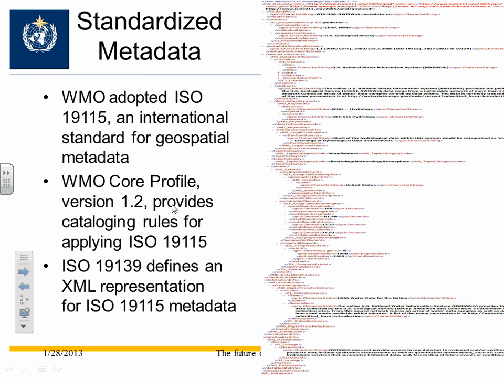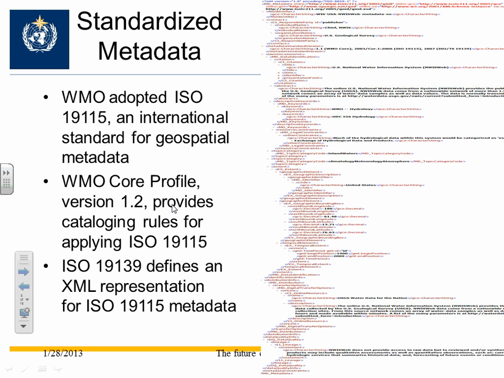So if we take the analogy of a meteorological observation, maybe there is some guide that tells us we need to measure the temperature and the pressure. So that would be the ISO 19115. If we measure the temperature, we also need to measure the pressure. Say that's the rule. But then how do we encode it? Maybe as a SYNOP. So the analogy here in the metadata is then the ISO 19139.